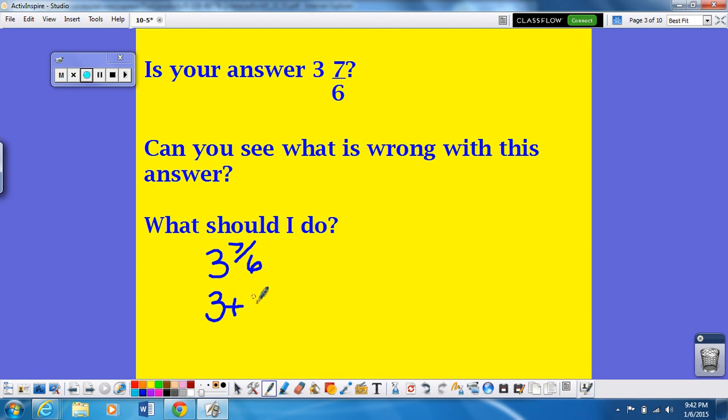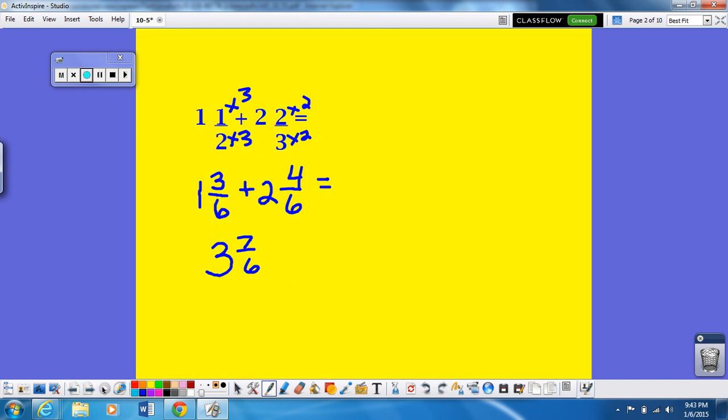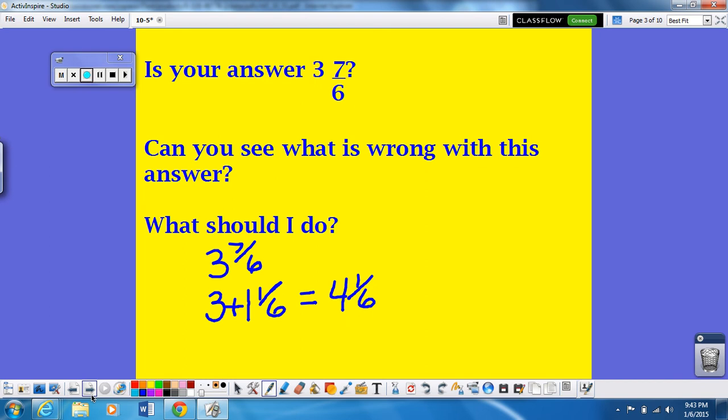So 7/6 I know is 1 1/6, because 6 goes into 7 one time. 1 times 6 is 6, and it takes one more to get up to 7, and your denominator stays the same. So now I can get a final answer. 3 plus 1 is 4, and then I bring over my fraction. So now I know the answer to 1 1/2 plus 2 2/3 is 4 1/6.